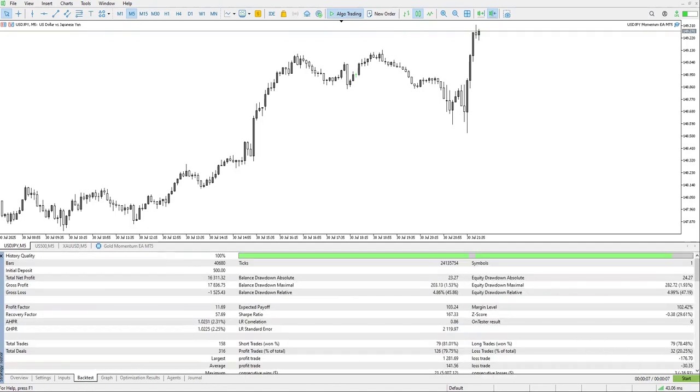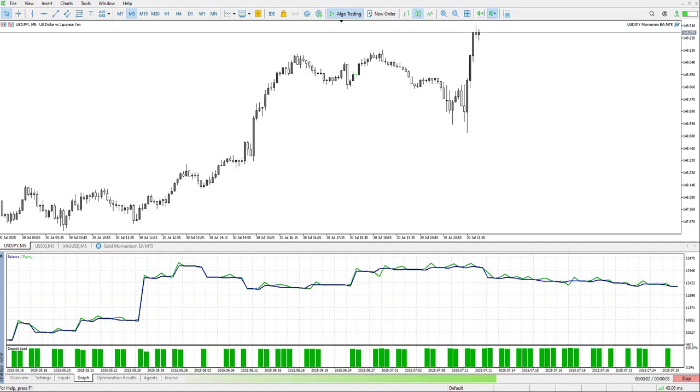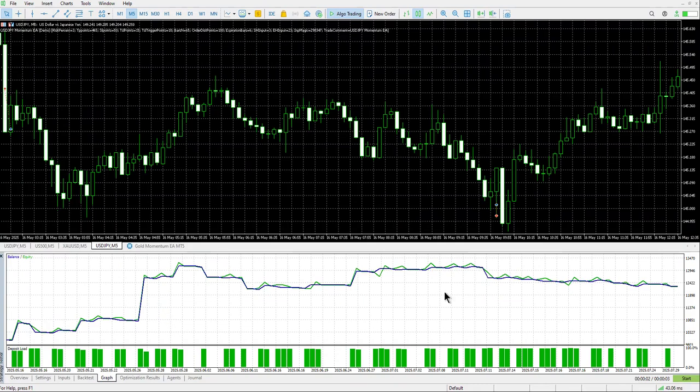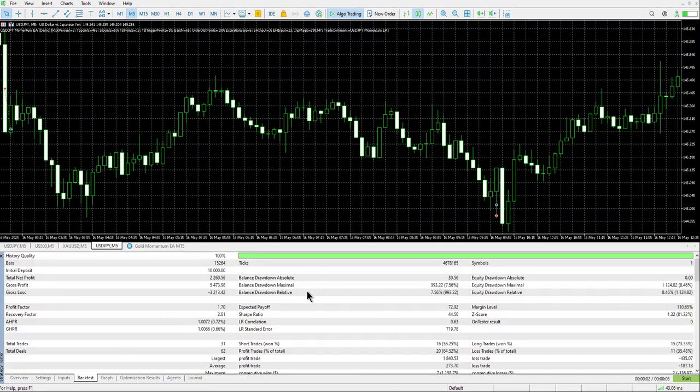So if I were to backtest it now, this is the backtest for the past 2 months. And the strategy tester said that we should have made 2260. So it was off by only $40, right? It says we should have made 2260. We ended up making 2300. So this kind of just shows you how close it can be to the actual real live account. So I just wanted to show you guys this.